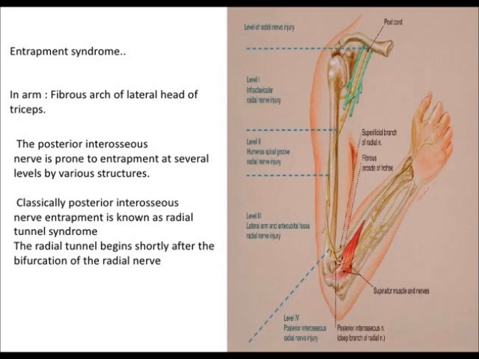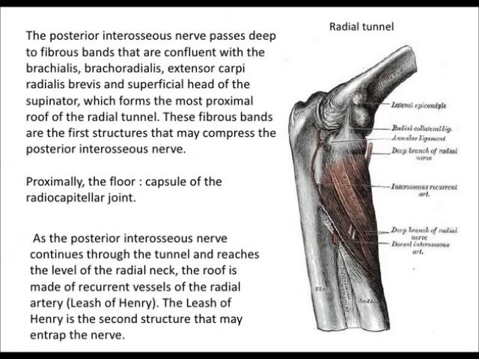Entrapment syndrome in the arm: medial or lateral head of triceps. The posterior interosseous nerve is prone to entrapment at several levels by various structures. Classical posterior interosseous nerve entrapment is known as radial tunnel syndrome. The radial tunnel begins shortly after the bifurcation of the radial nerve.